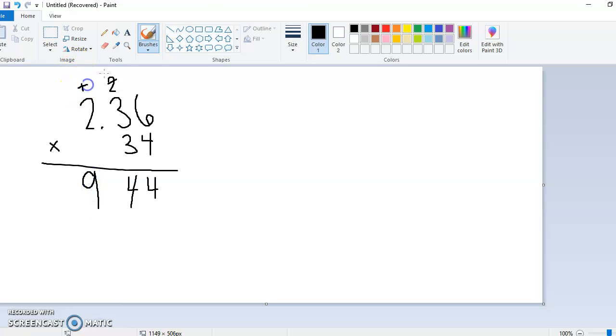Then we'll go in for the next line. We'll do orange today. Put my 0 in. 6 times 3 is 18. 1. 3 times 3 is 9. Add that 1, so 10.